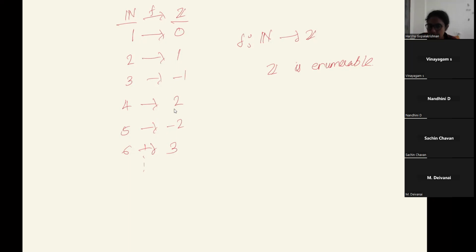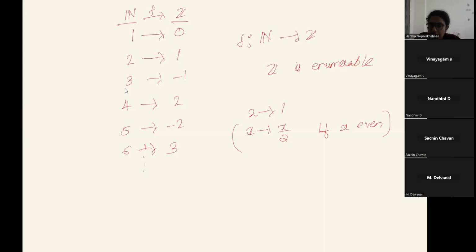Using this property, you can see how the map goes. 2 going to 1 means x goes to x by 2. If x is even, x goes to x by 2. That means 2 goes to 1, 4 goes to 2, 6 goes to 3. So I have given the explicit form of the function where even natural numbers are mapped to z.